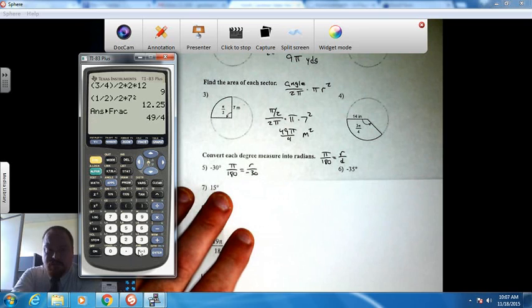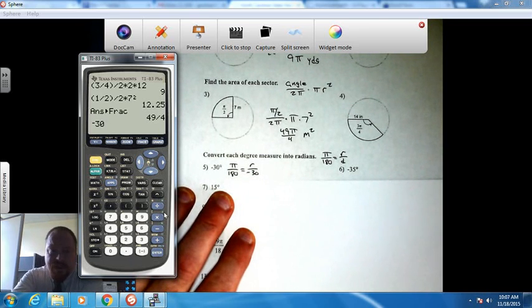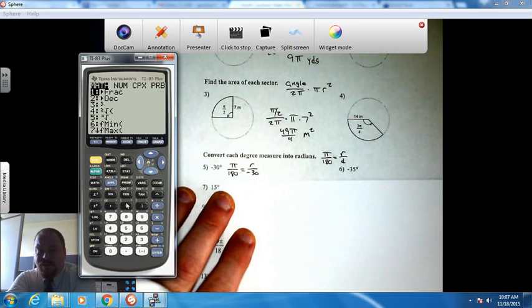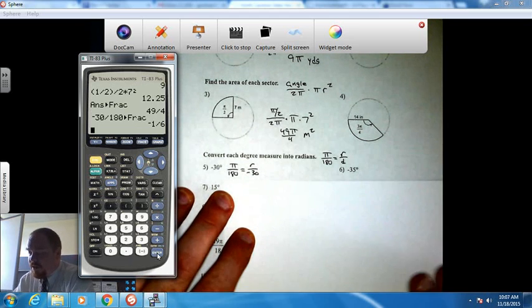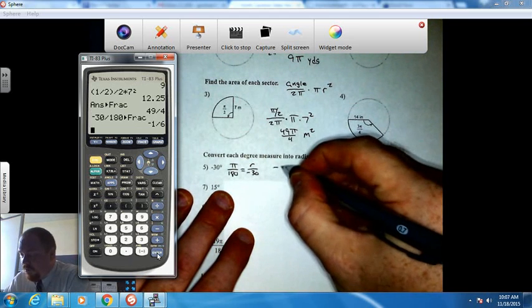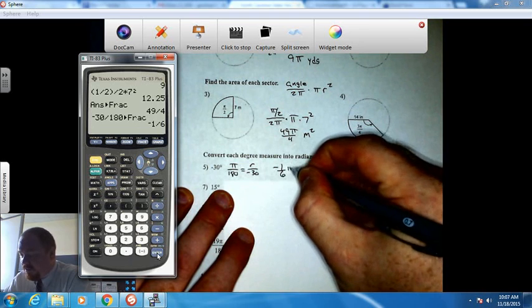So negative 30 divided by 180. Convert that to a fraction. So I get negative 1/6 pi.